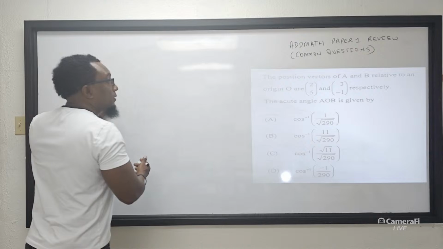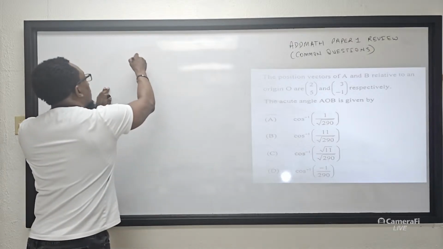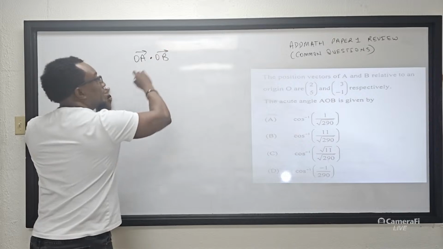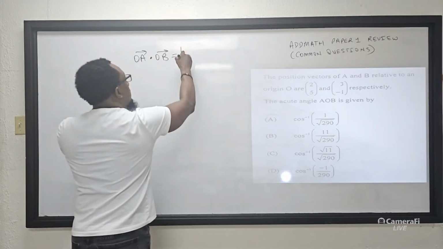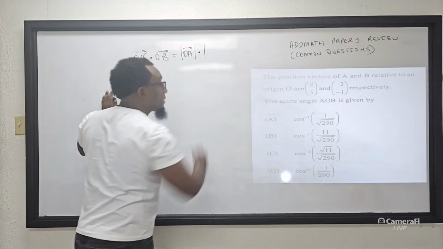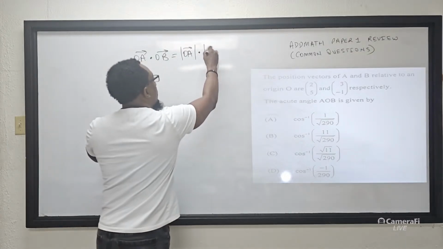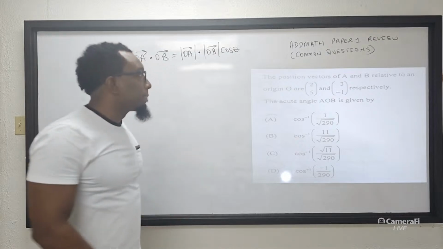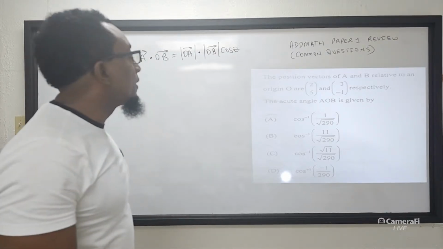So using a dot product, you have your two position vectors, OA dot OB is equal to the modulus of OA, which means to multiply by the modulus of OB, cos theta. Our aim is to find the angle theta.